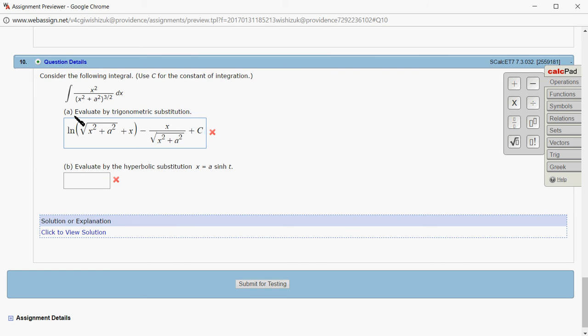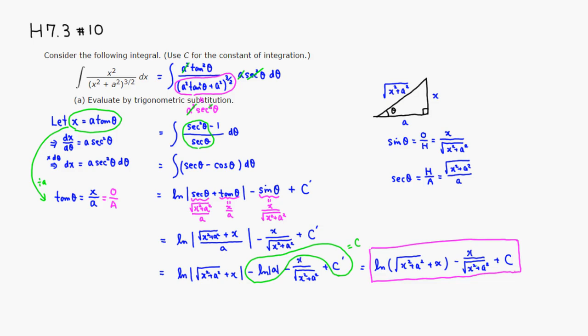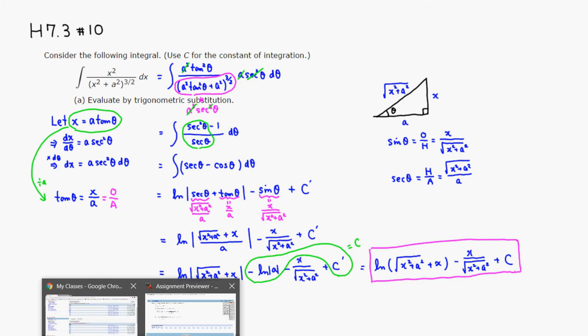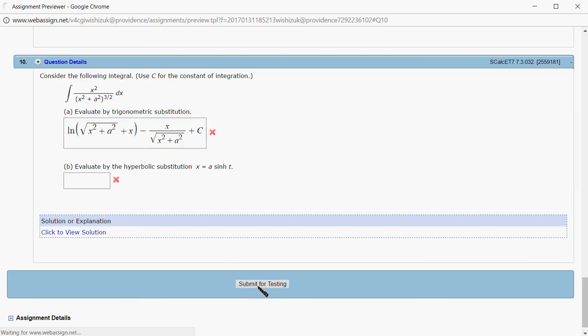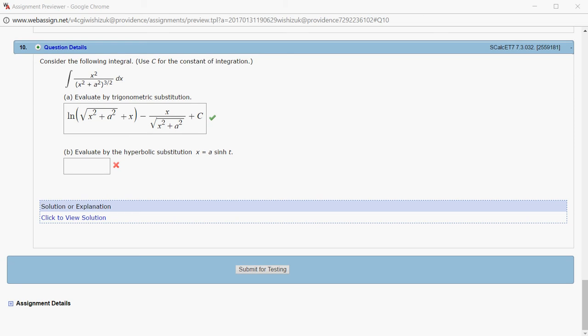Let me double check that I'm typing correctly. Yep, looks like that's what we want. So submit for testing. It came back and looks like we got this one correctly. That's it. I hope that this was clear.